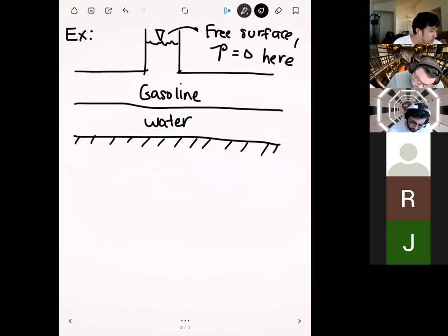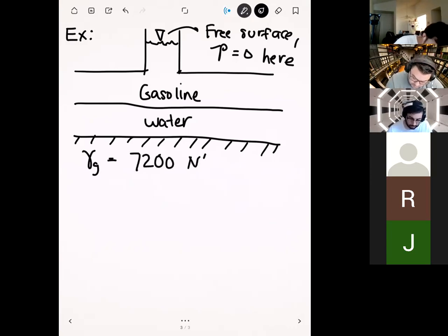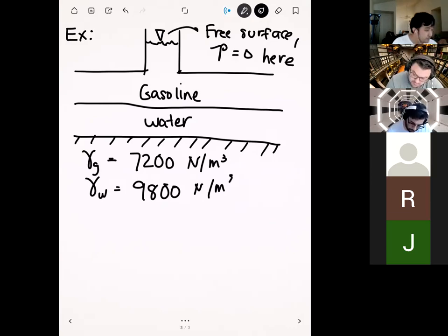Okay, so let's give this some numbers. Let's say that we know the specific weight of the gasoline. The specific weight of the gasoline is given by 7,200 Newton per meter cubed. And the specific weight of the water will be 9,800 Newton per meter cubed.